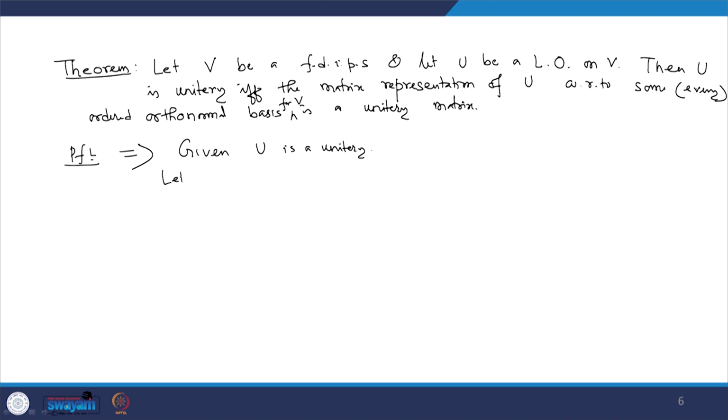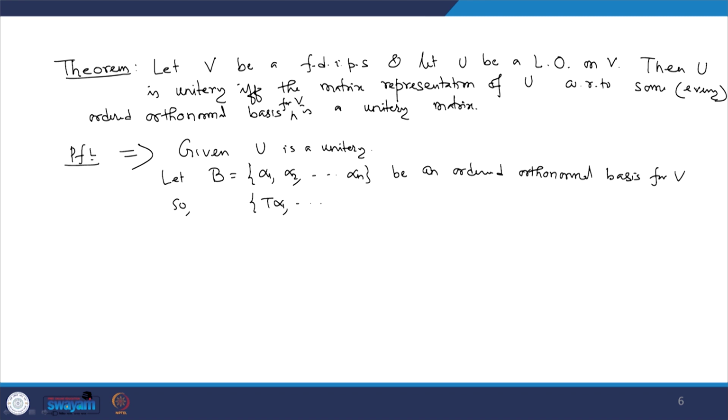Let B equal to alpha 1, alpha 2, up to alpha n be an ordered orthonormal basis for V. So, T alpha 1 to T alpha n will be an ordered orthonormal basis also for V. Okay.